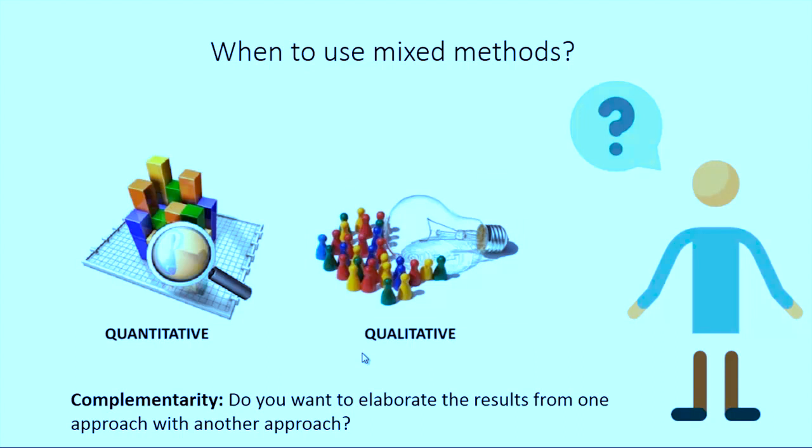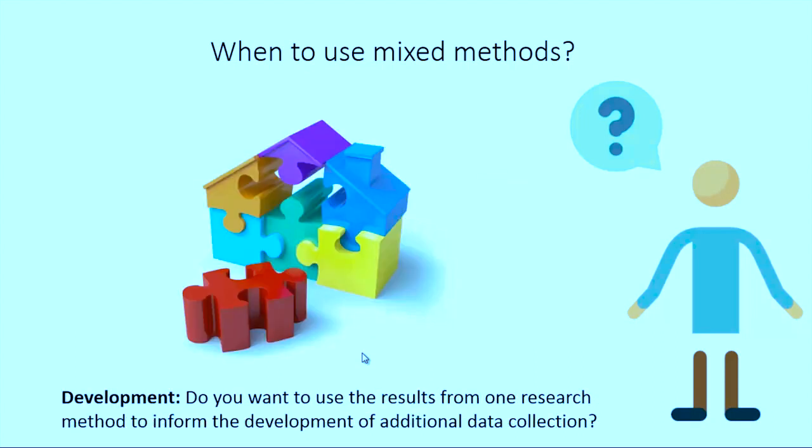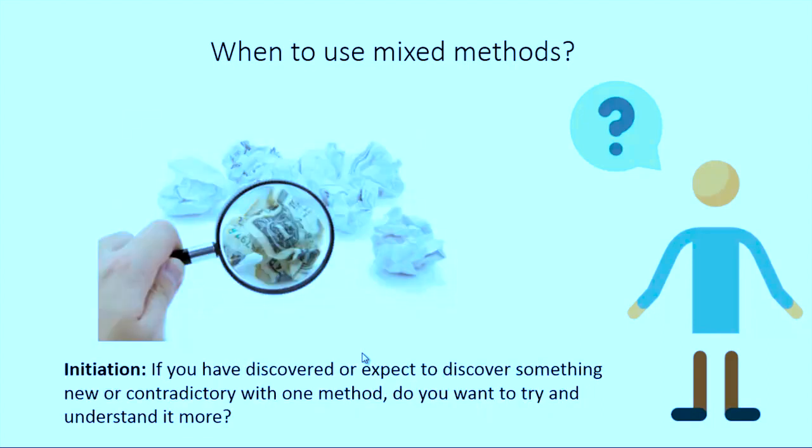And we can also use the different method in the development process of the study. Here, for example, we can use the qualitative study to explore different variables, and that can be used to develop instrument for quantitative study. We can also use this mixed method as an initiation.